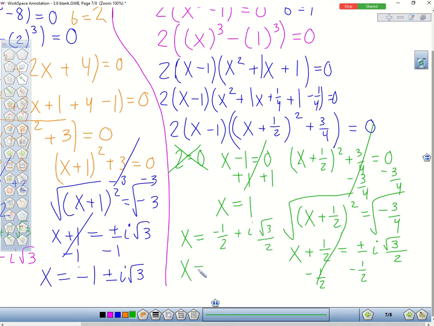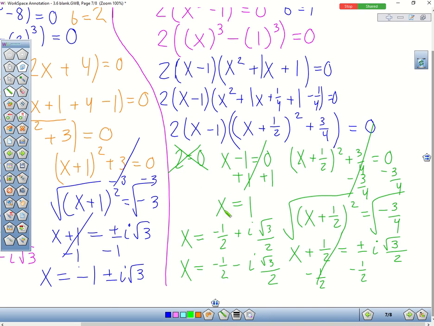That would be sufficient. x equals negative 1/2 minus i radical 3 over 2. And these are our 3 zeros. 1 real, 2 imaginary. So it's really just a lot of algebra that you have to know how to do for these problems. So you guys take a second and get those down.